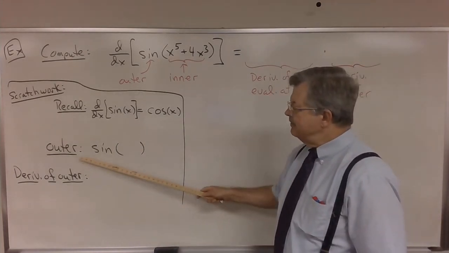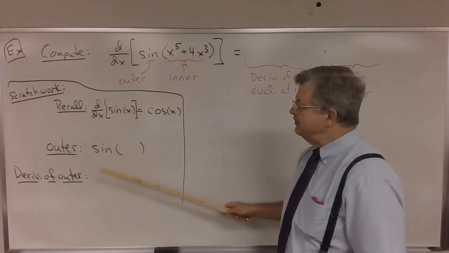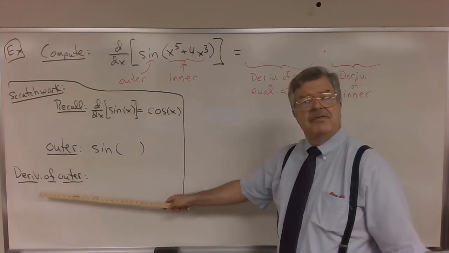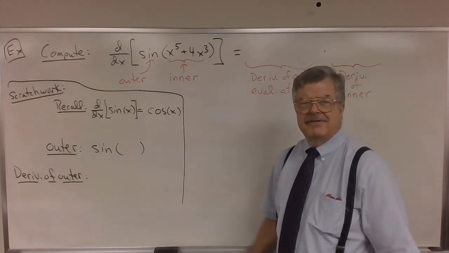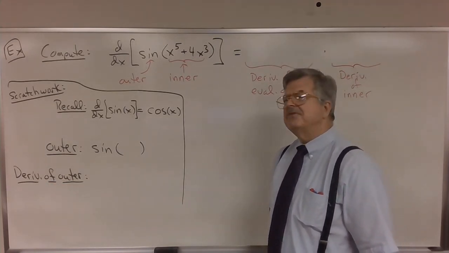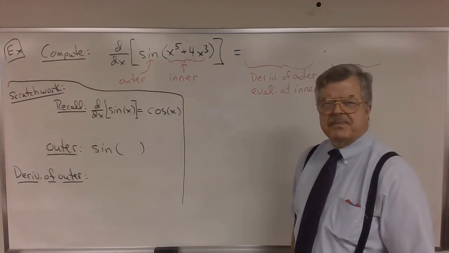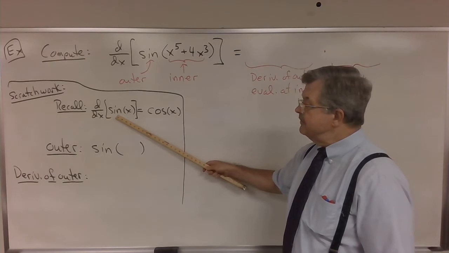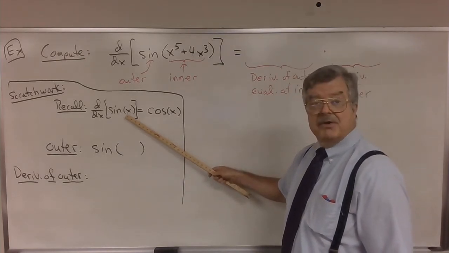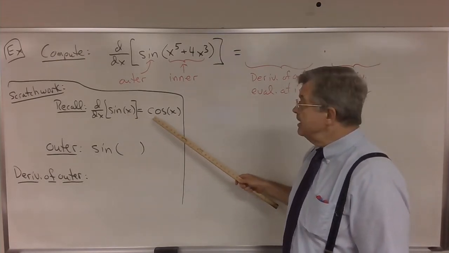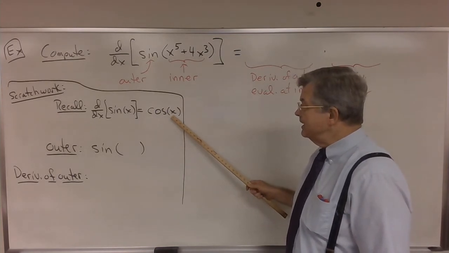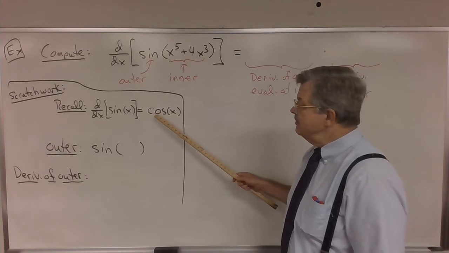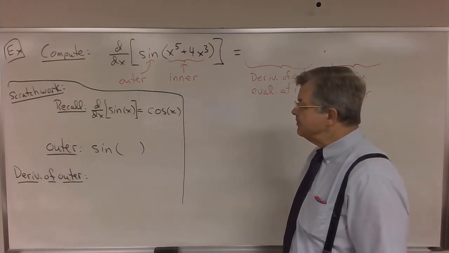The outer function is sine evaluated at something. And I want the derivative of the outer function. How should I reason on that? Well, let's go back to what we know. The derivative of sine of x is cosine of x.